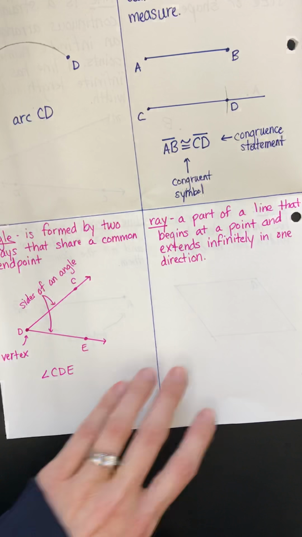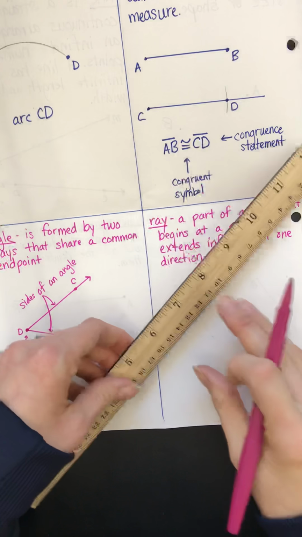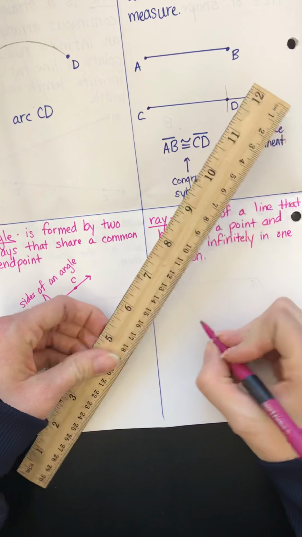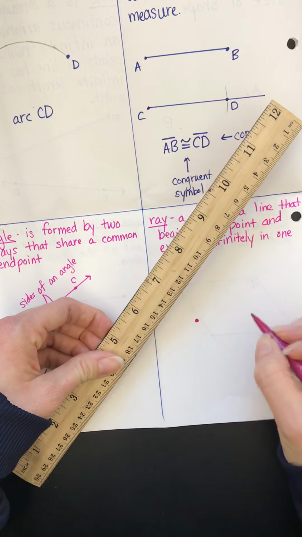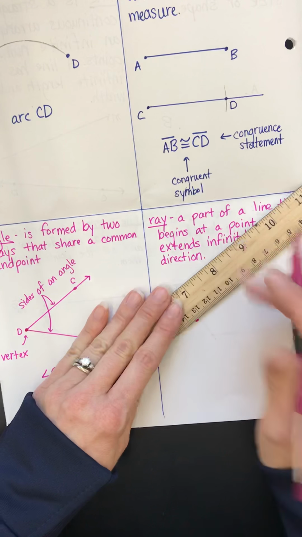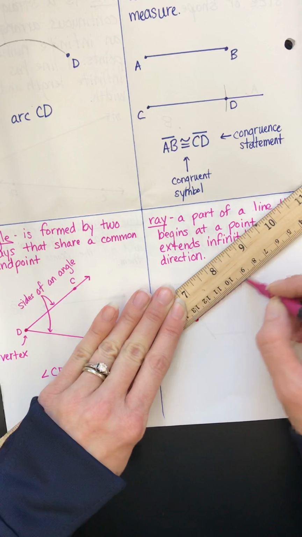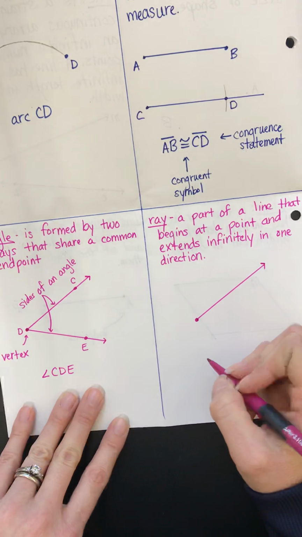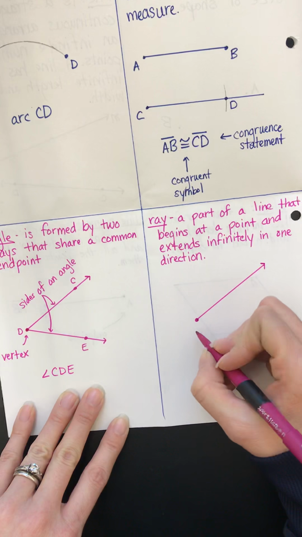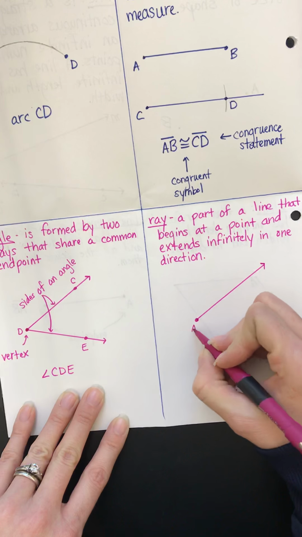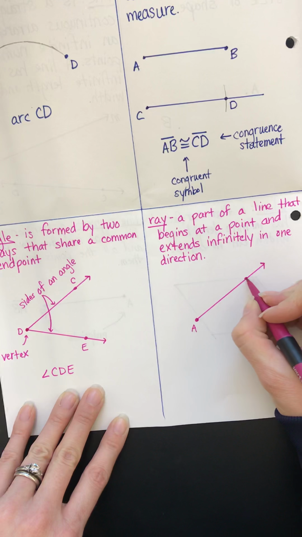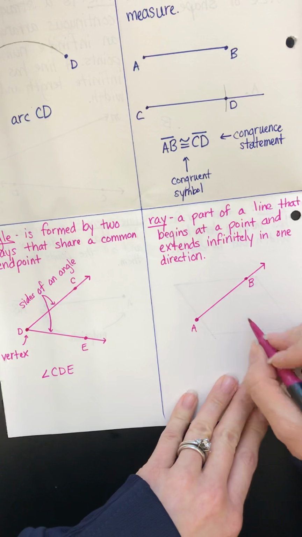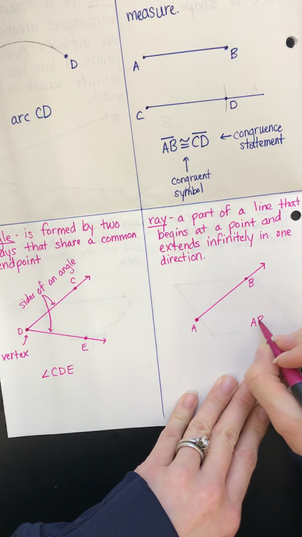Okay, so let's go ahead and draw a picture of a ray. We'll go ahead and put our point. Here's our endpoint. It starts at a point and it extends out in one direction infinitely. So we'll go ahead and name our endpoint, and we will also name another point on that ray. And we're going to name it ray AB.